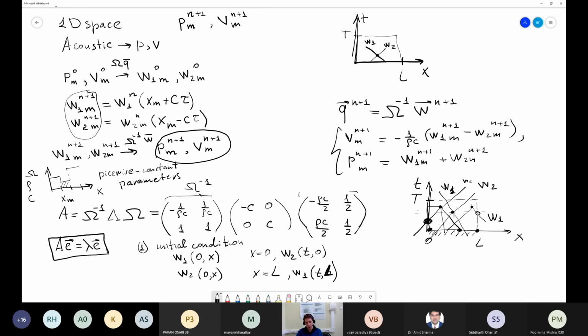But what if we want to deal with this point? From this point we can calculate only the value of W1, W2. Oh, it's my fault. Let's check it again. W1 is for negative. Yeah, that's why we can calculate only W1.